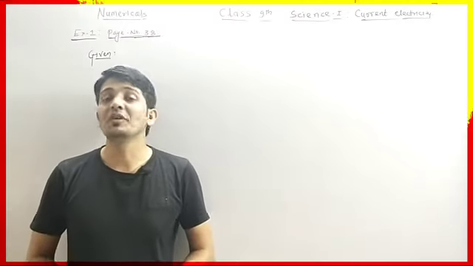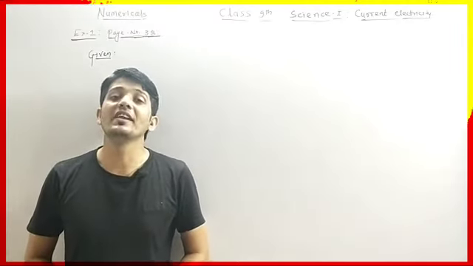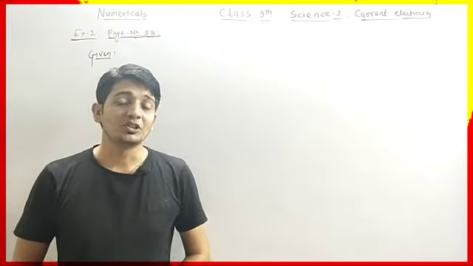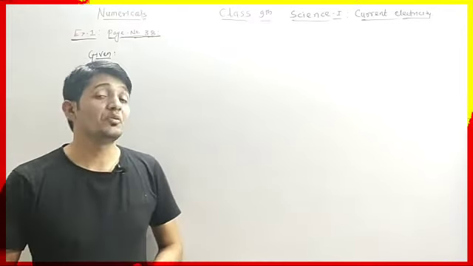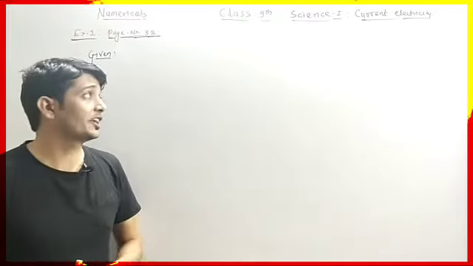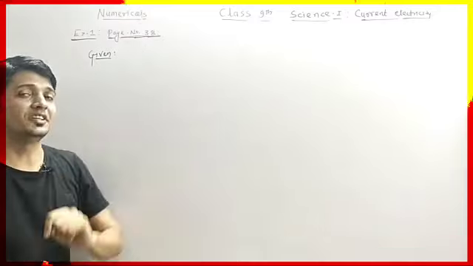So today we are starting our numerical part of our chapter called current electricity. In current electricity we are going to solve the first example which is given in your textbook page number 38.